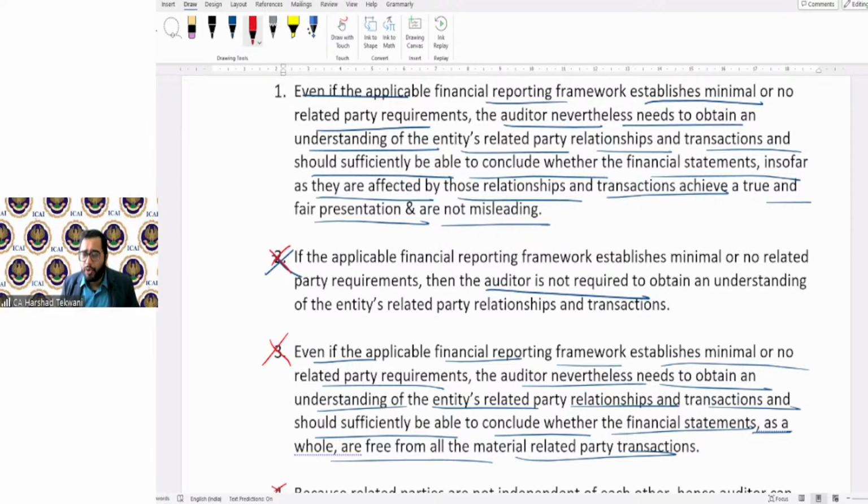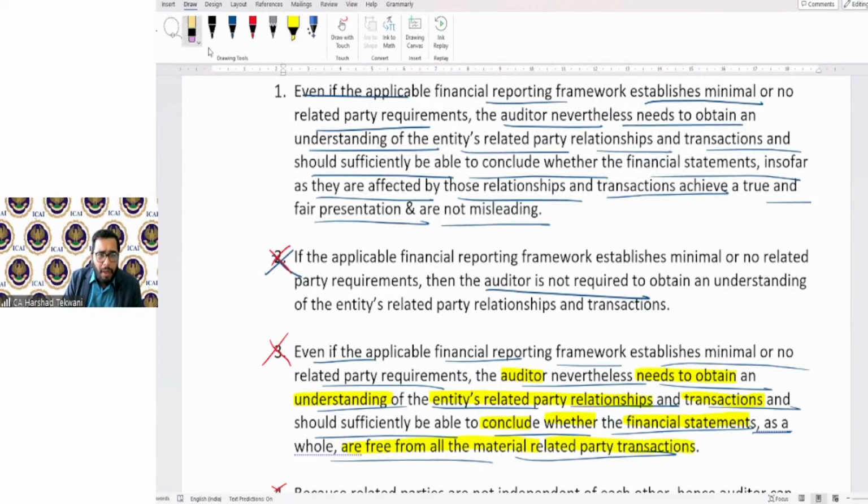Okay, Manini. Okay, Shailendra. See what 3 talks about. 3 is talking about that the auditor needs to obtain understanding of the entity's related party relationship and transactions, and should sufficiently be able to conclude whether the financial statement as a whole is free from all the material related party transactions.